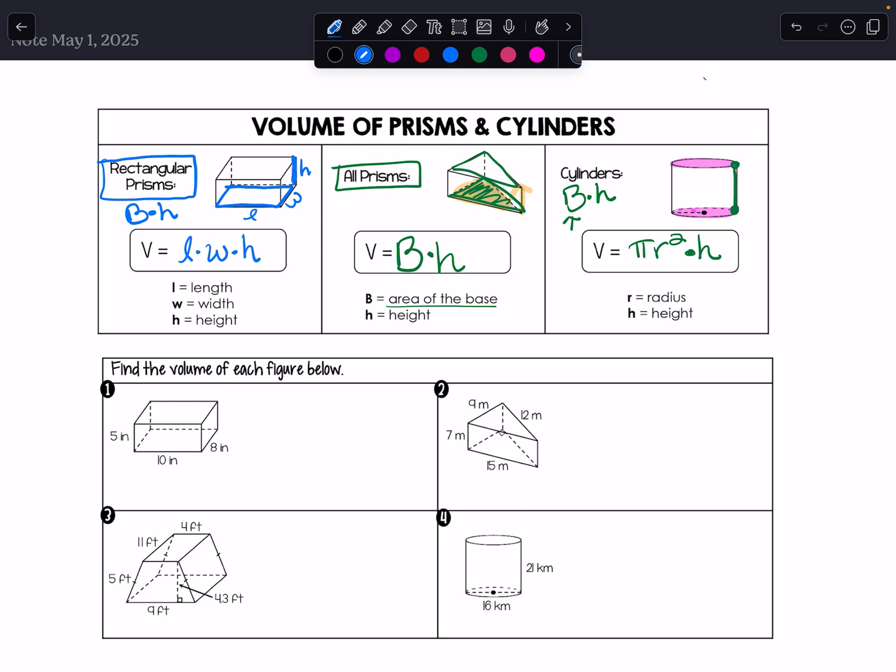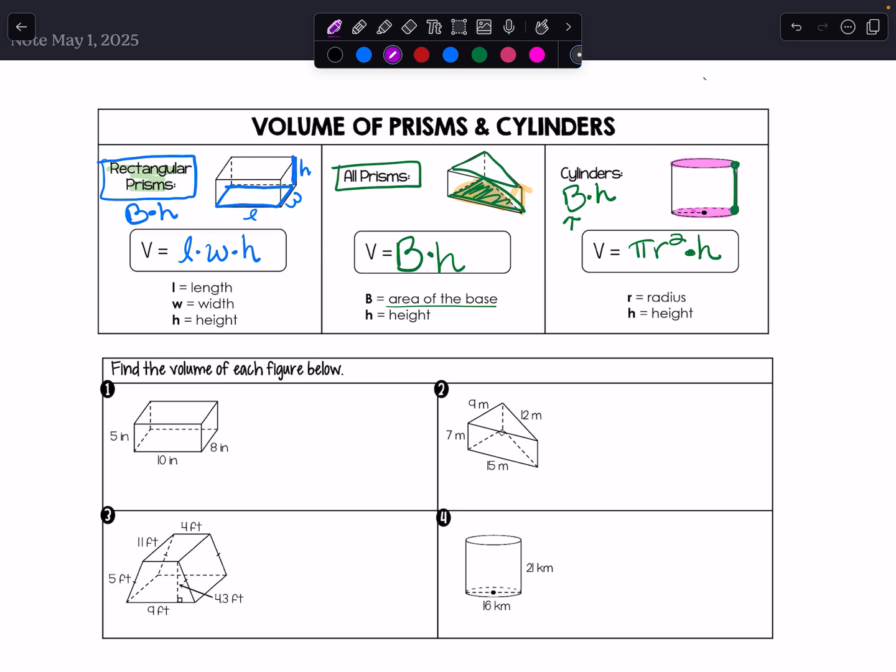One mistake I see students make is for any figure, they'll just multiply the three numbers. That only works with a rectangular prism. It will not work with a triangular prism, a trapezoidal prism, or a cylinder. It only works specifically with rectangular prisms.